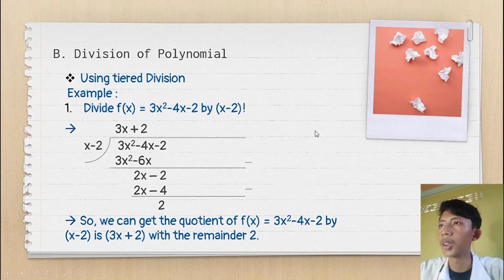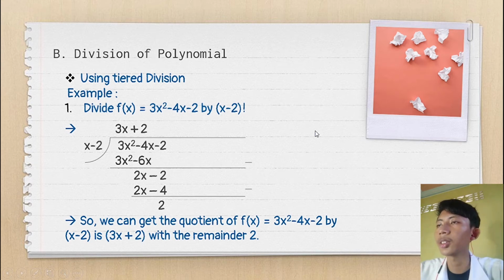And then we multiply 3x by x minus 2 to eliminate the 3x squared. So we get 3x multiply x minus 2 equals 3x squared minus 6x.